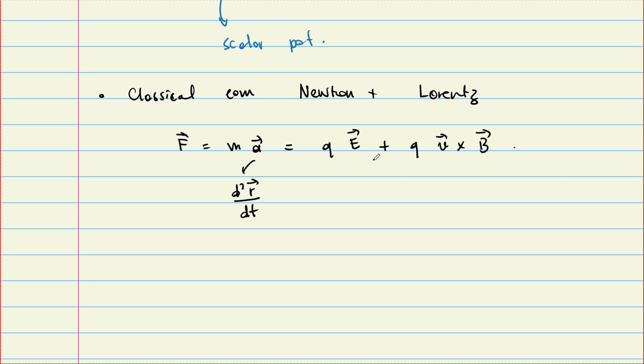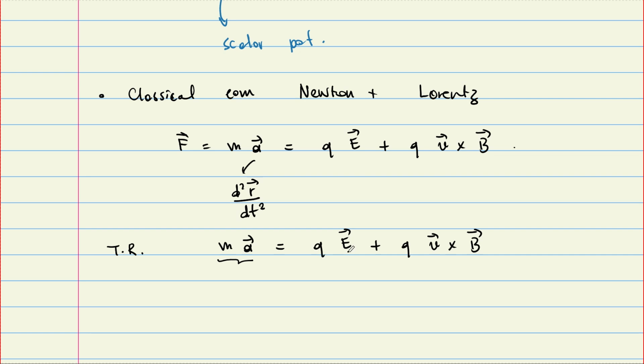I want to consider what happens to this in the presence of symmetries, and there are two special symmetries we need to consider. One is time reversal. Let me write this equation again. In the case of time reversal, t goes to minus t, r goes to r. So this thing is same as before. Q doesn't change.